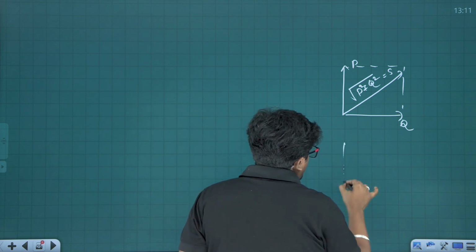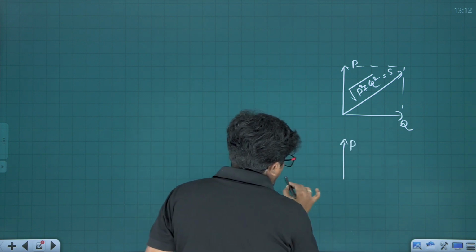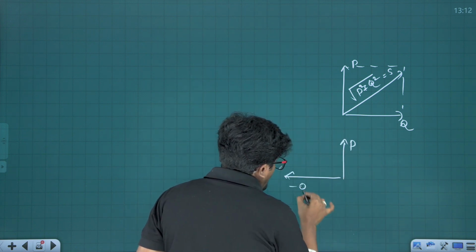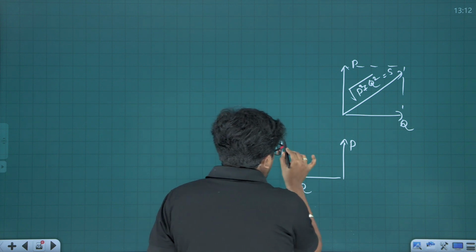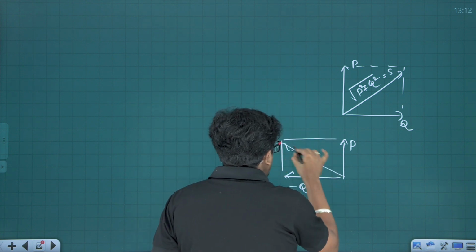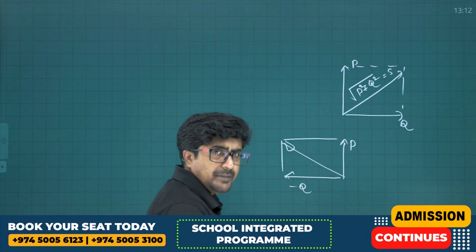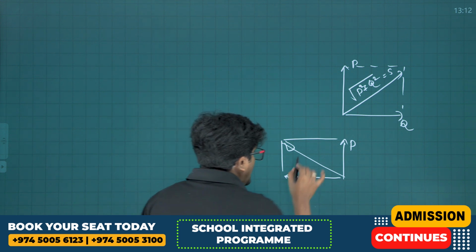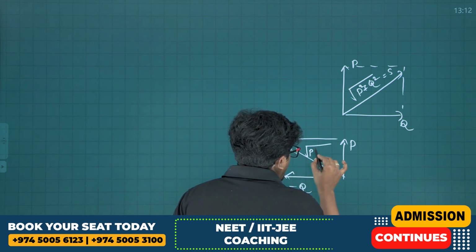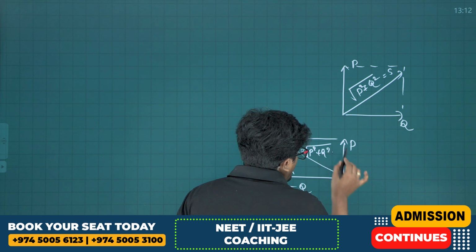Now here this is P and here this is minus of Q. And this is supposed to be the magnitude of vector P minus vector Q. Again, the magnitude is going to be P square plus Q square only.